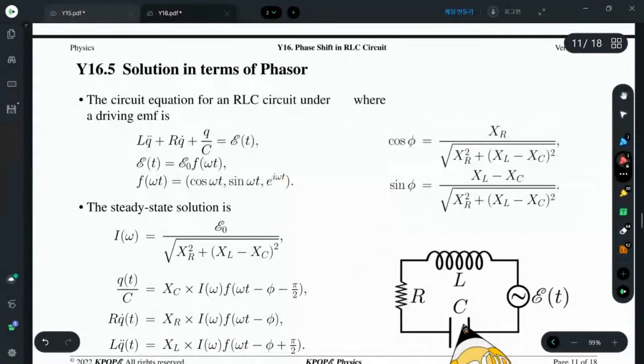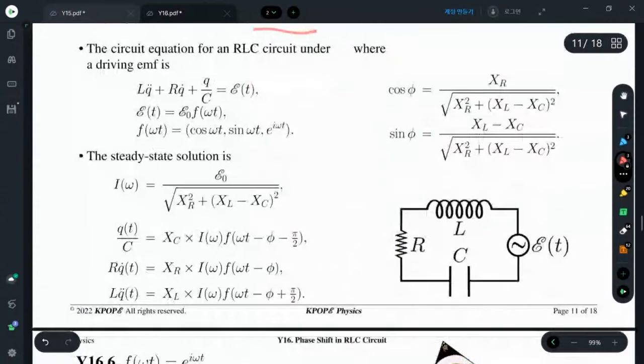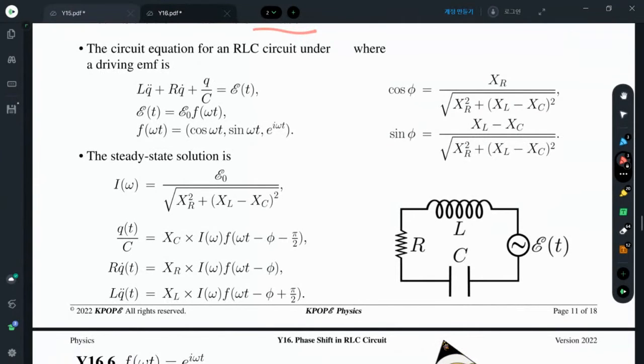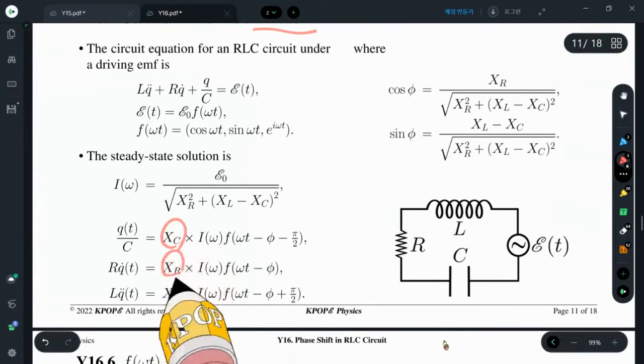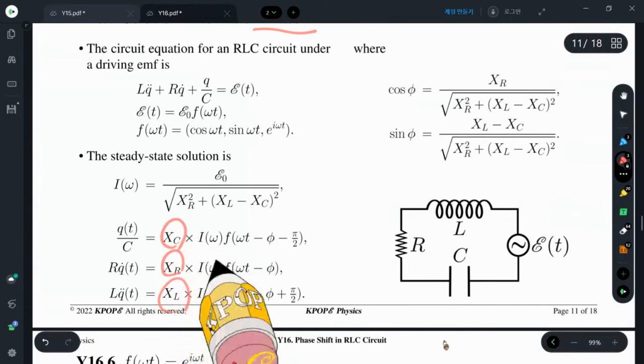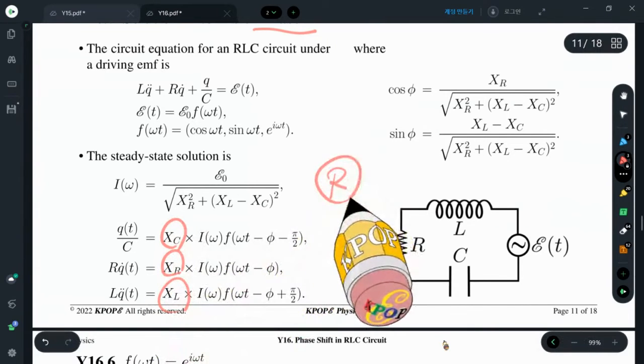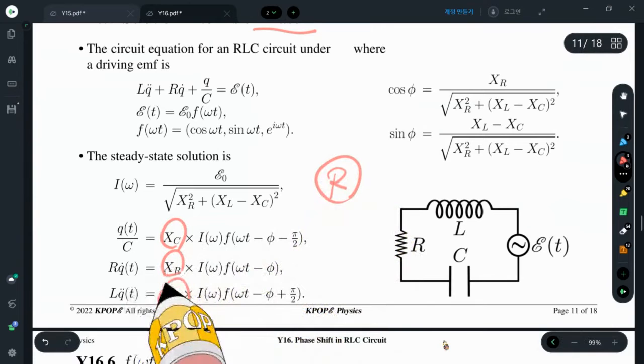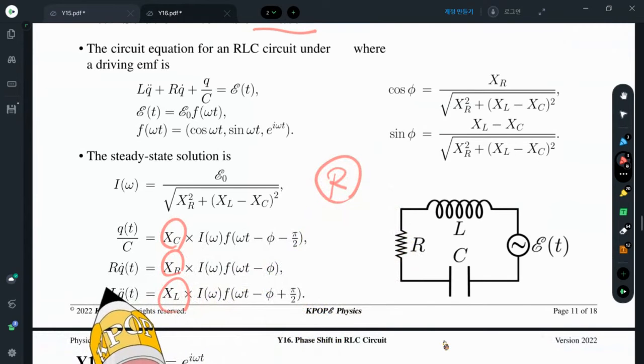So if we use phasor, the computation is quite compact. Impedance, they behave like a resistance for the resistive load.